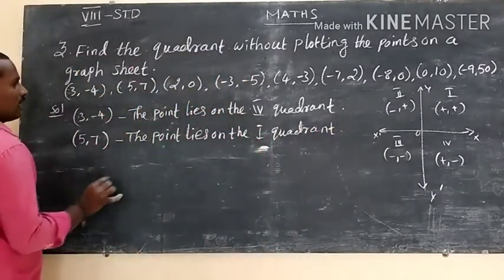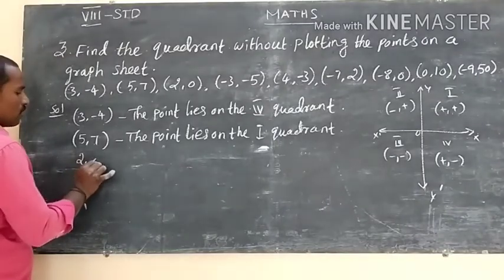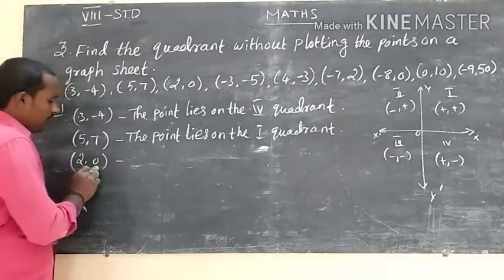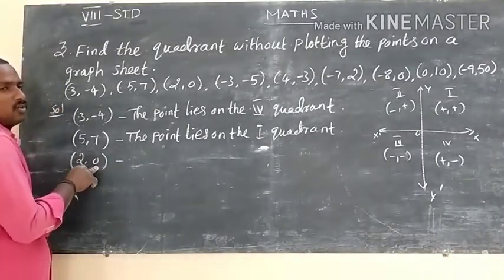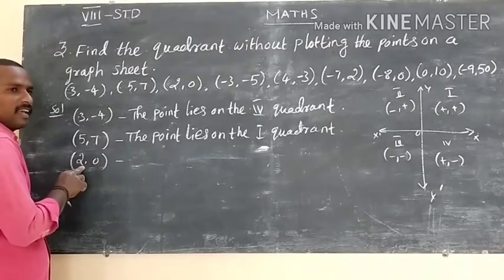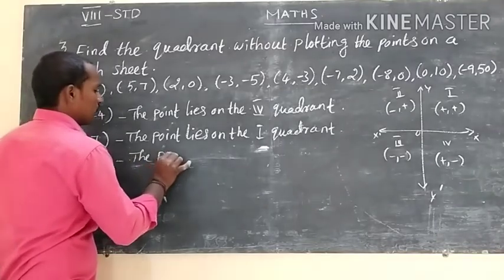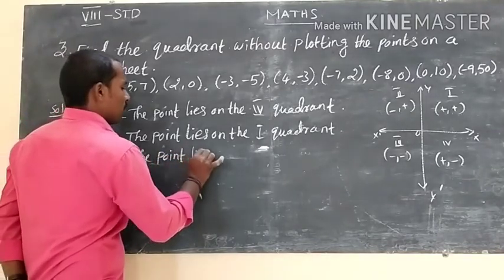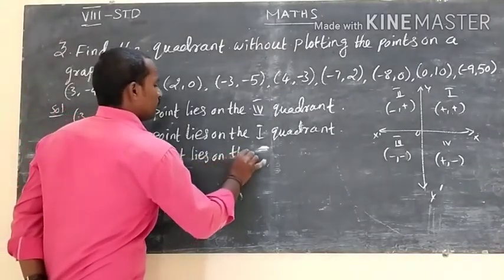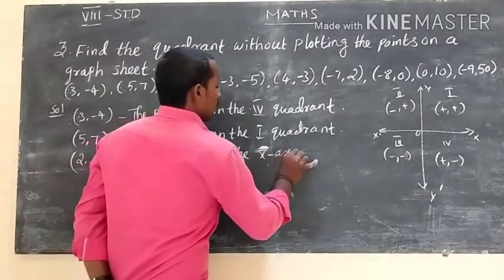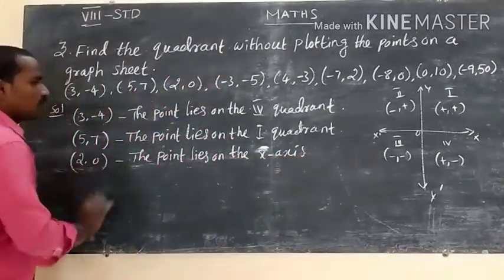Then consider another one, (2, 0). Here the y value is 0. Therefore the point lies on the x-axis, because y is equal to 0.